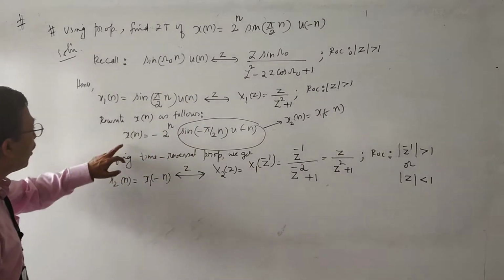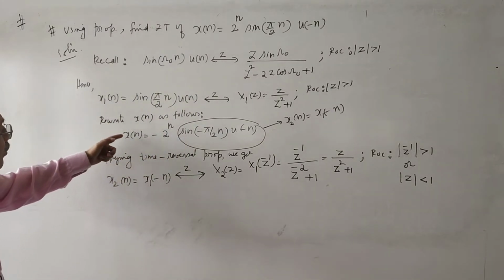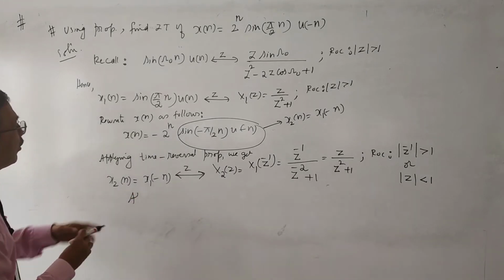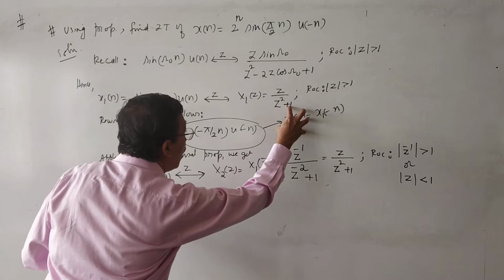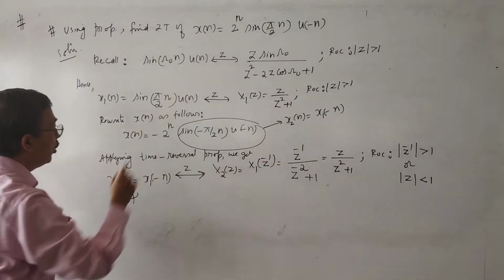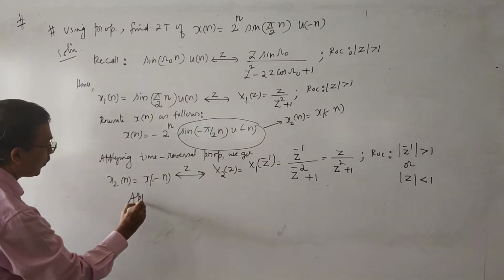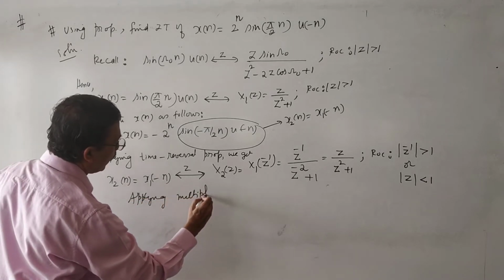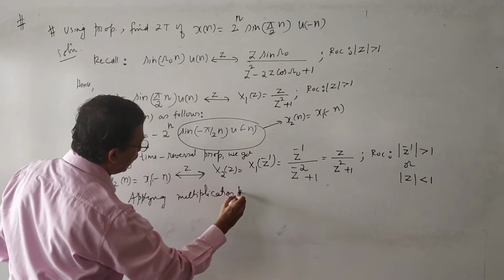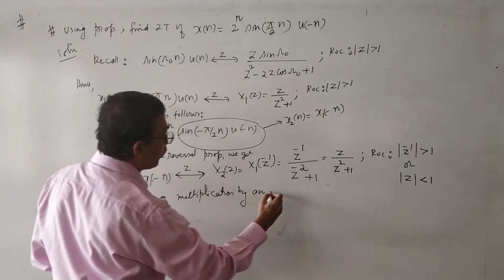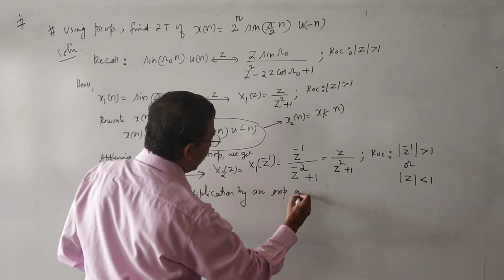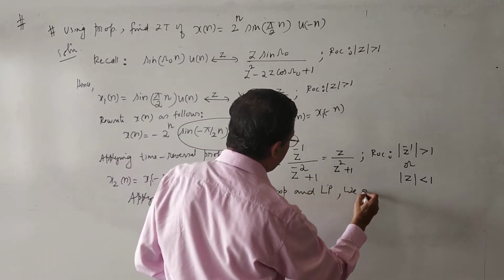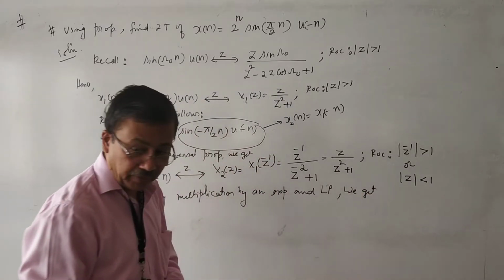So now what is x of n? Next what I will do, applying, say, what is x of n? x of n is x2 of n multiplied by minus 2 to the power n. Applying multiplication by an exponential and linearity property, both will apply together.